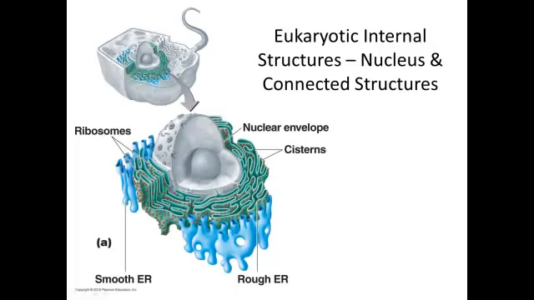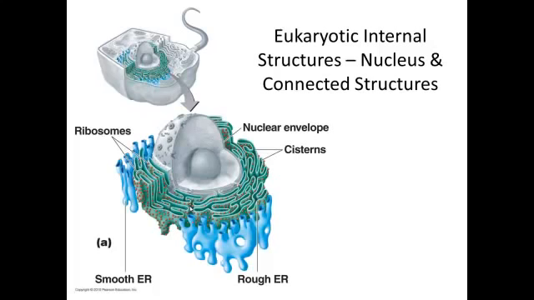Now, next to the nucleus is the endoplasmic reticulum. We're going to abbreviate this as ER. Now you have two kinds. You have rough ER that under the microscope looks like it's embedded with little grains of sand, and you have smooth ER. It's a little more tubular. Rough ER has ribosomes embedded in the membrane. And the job of the rough ER is to make proteins that are going to stay in membranes.